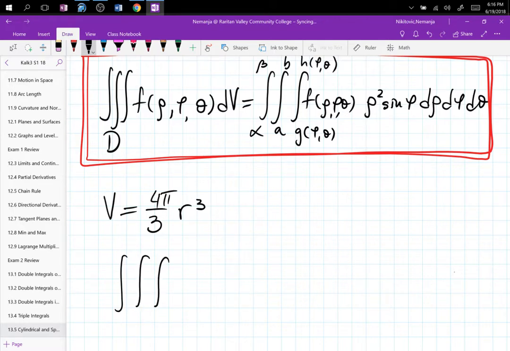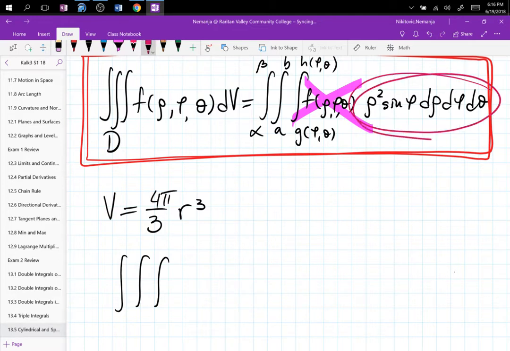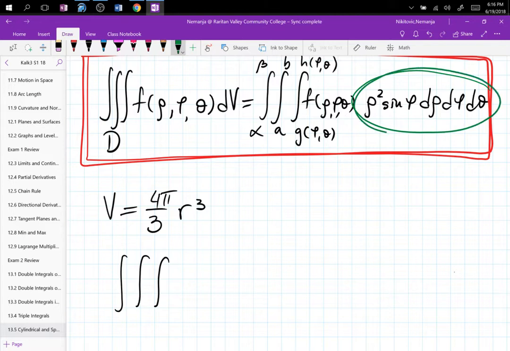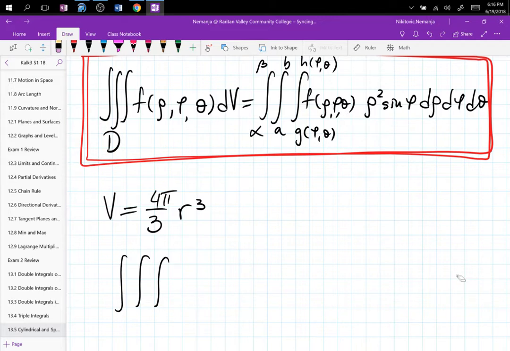We are looking for the volume, so we don't need this. Now, you have to memorize this string for spherical. That's what you're learning in a class. You have to memorize the string for cylindrical and spherical integrals.